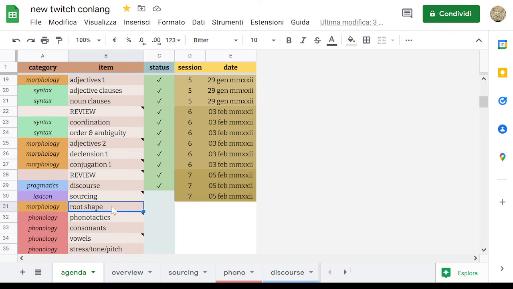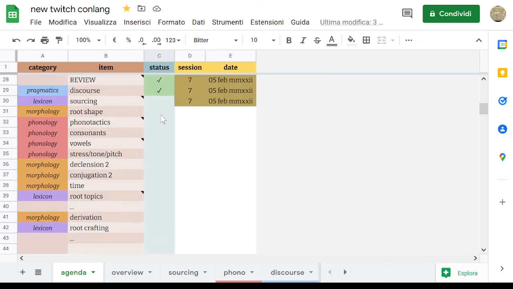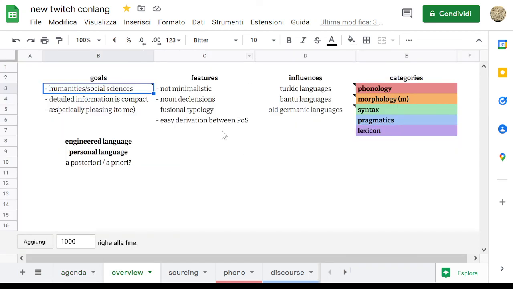So what I had discussed before was that one of my goals is easy derivation between parts of speech. That's what POS stands for, parts of speech. I want to easily go from one part of speech to the other. And that's especially important given the way that I'm doing adjectives and nouns in this language. Adjectives are verbs.